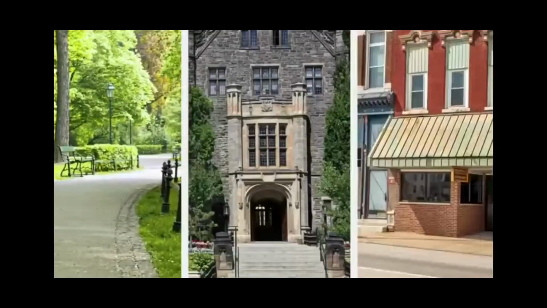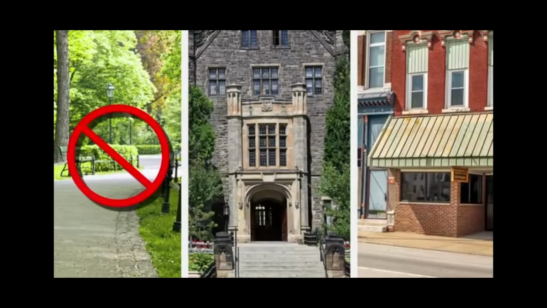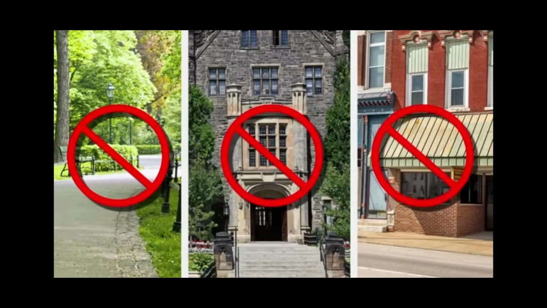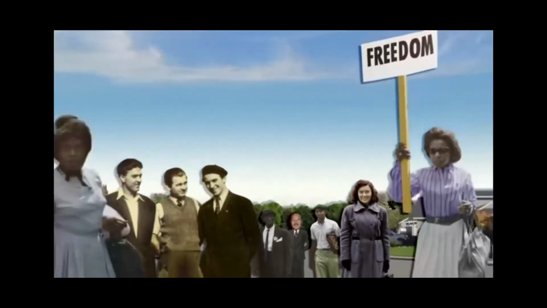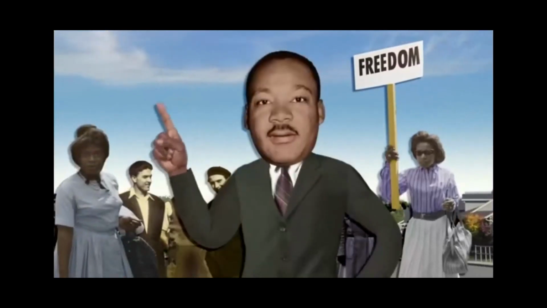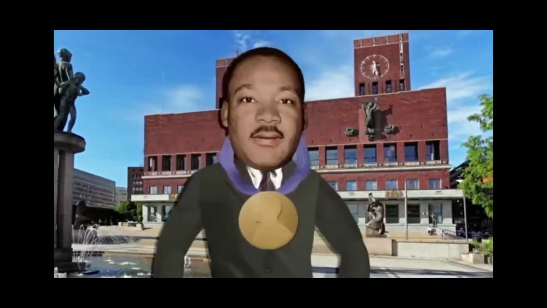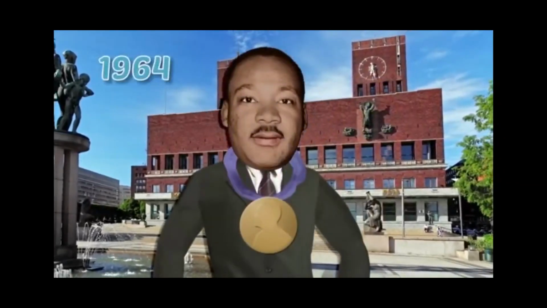These laws prevented many African Americans from using public areas, going to certain schools, or even entering some stores and restaurants. Dr. Martin Luther King Jr. believed people should stand up for what is right and stop injustice any way they can, but never through the use of violence. As recognition for his ideas and dedication, he was awarded the Nobel Peace Prize in 1964.